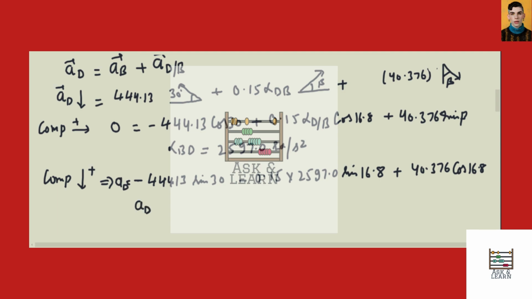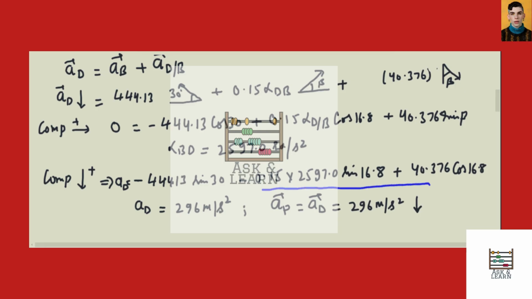So acceleration of B point you will get 296 meter per second square, and it is given acceleration of P is equal to acceleration of D, that is 296 meter per second square in downward direction. So this is the answer for this problem. Thanks for watching it.